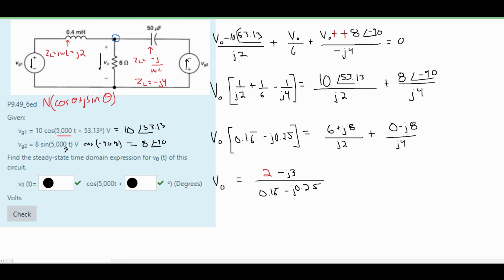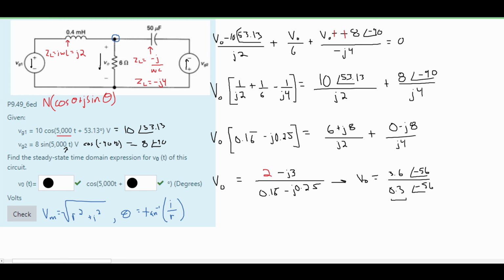Now we need to convert both of these back to the polar form so that we may divide them. And we know the conversion to polar form is that we have our Vmax equal to the square root of our real number squared plus our imaginary number squared, with our angle being tangent inverse of our imaginary number divided by our real number. And this is going to be our new polar equation.